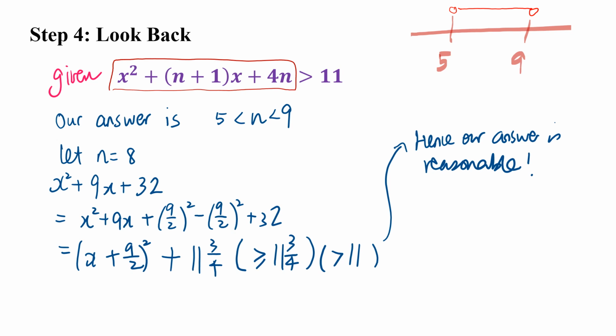We can apply completing the square for it, and you will see that the minimum value is 11 3/4, and 11 3/4 is more than 11. Right, hence our answer is reasonable because we work out to get a value that is more than 11 in the end. Right, so this is how you can use Mr. Polya's 4 steps problem solving to tackle question 7.